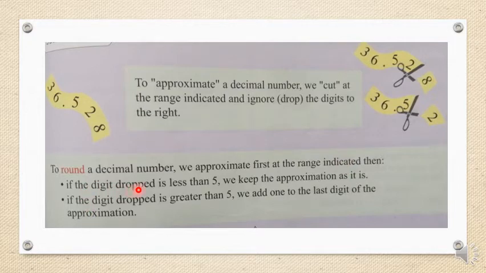If the digit dropped is less than 5, 0, 1, 2, 3, or 4, we keep the approximation as it is, so we call it rounding down. We don't add anything. If the digit dropped is greater than or equal to 5, 5, 6, 7, 8, or 9, we add 1 to the last digit of the approximation, and in this case we call it rounding up. Let's explain more.